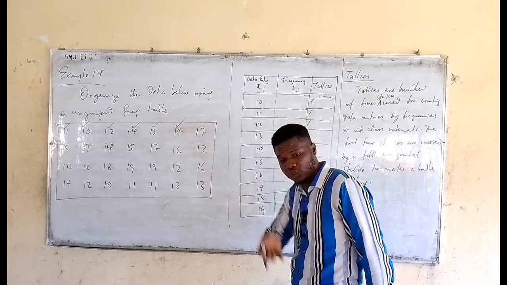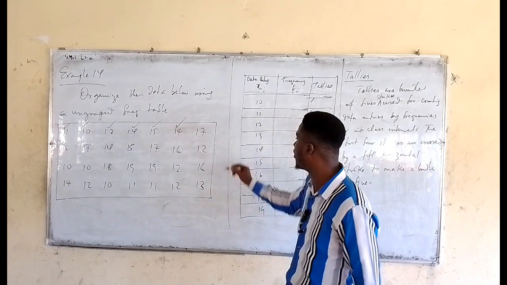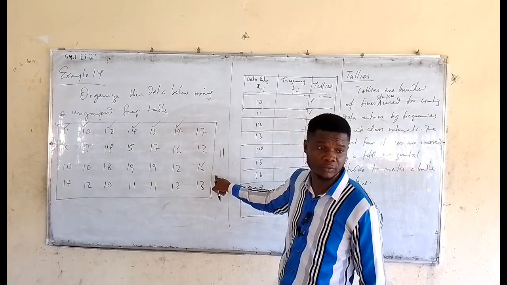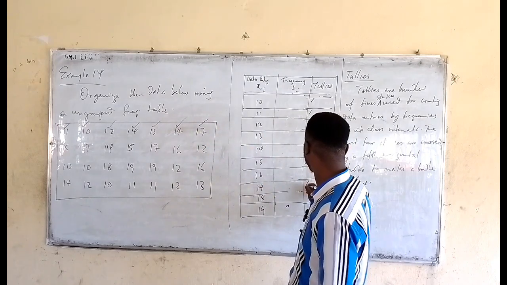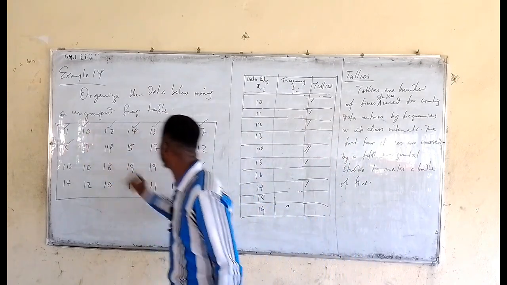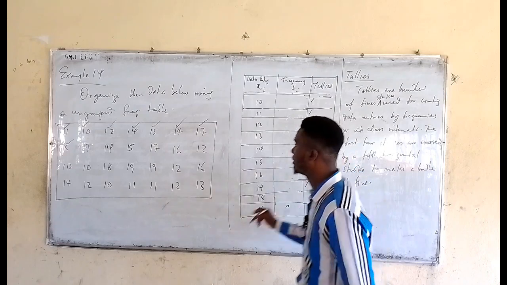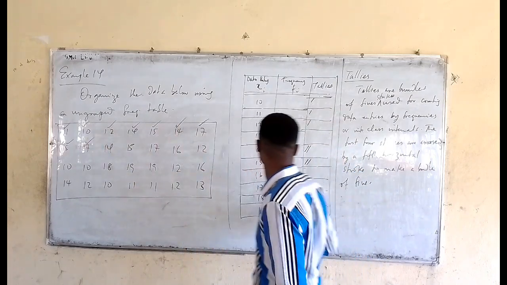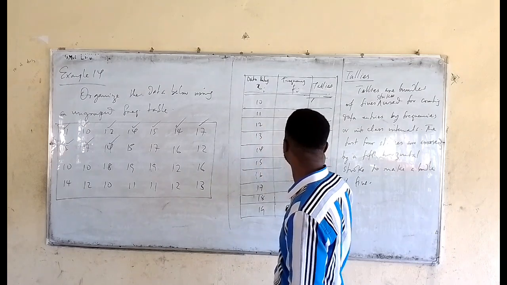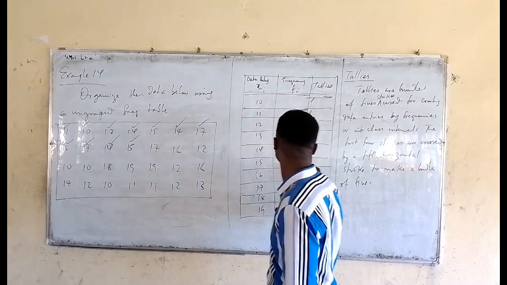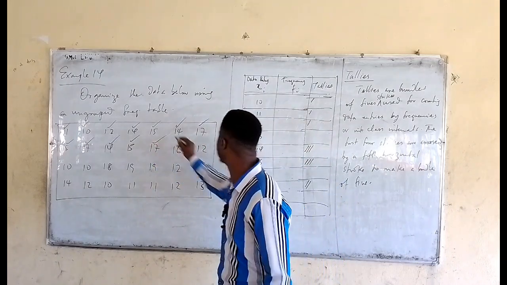Please make your strokes horizontal so that you don't end up confusing 2 strokes for 11. 17, 1 stroke. 15, that should be the second stroke, right? 17, 14, 15, third. 17.